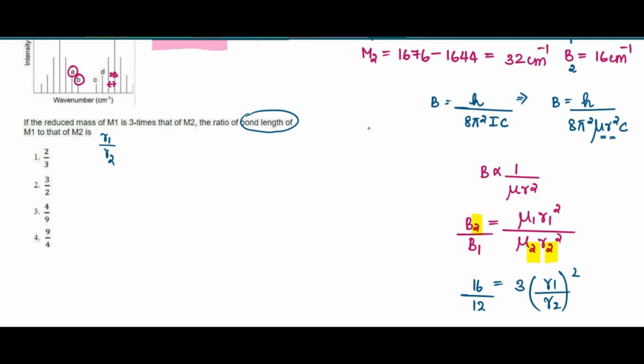Okay, so the takeaway from this question is that whatever rotational spectral line is given to you, that spacing is going to be 2b. Rotational constant is inversely proportional to the reduced mass and the square of the bond length. Is the question clear?